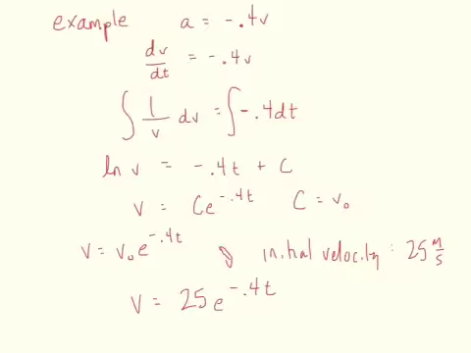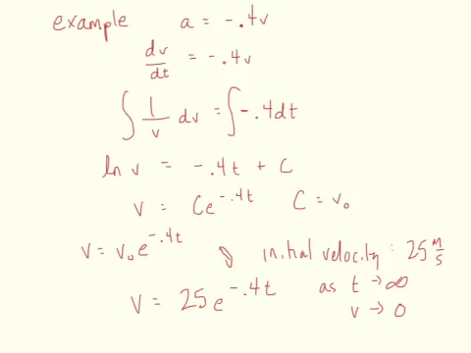And so what we'll see is that over time the car will get slower and slower and slower. And basically what ends up happening is that as your time approaches infinity, the velocity is going to approach 0. Mathematically, it would technically never reach it.